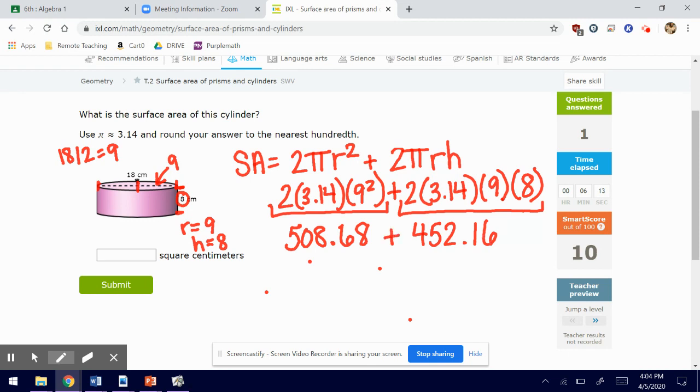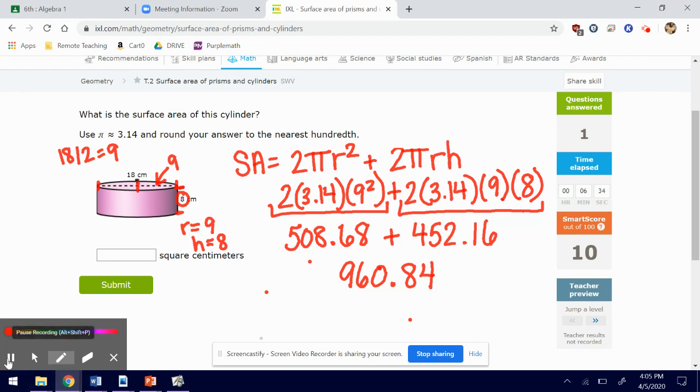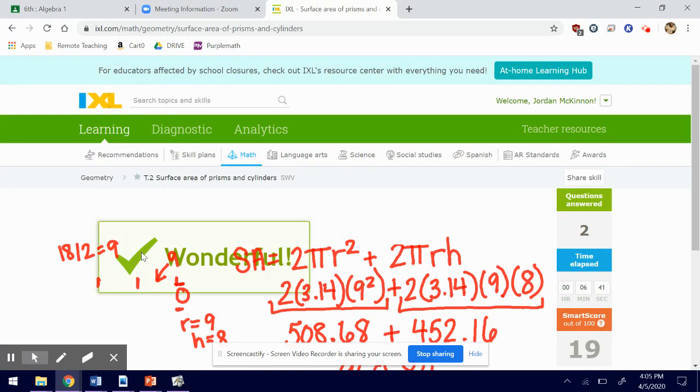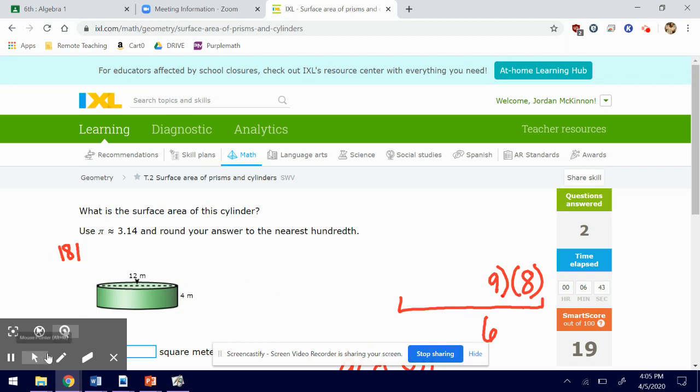Now I'm going to add those two together. 508.68 plus 452.16, and that gives me 960.84. Okay, so I'm going to enter that in just like it looks, 960.84. Enter, and wonderful.